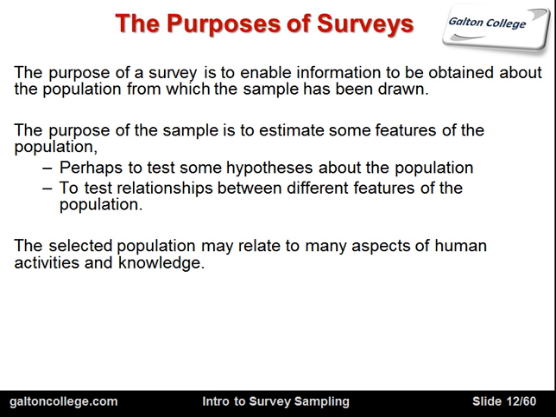The point is, they have some particular aspect about their lives which make them interesting and make them the relevant population. It depends on what we're inquiring into. It depends on the nature of the survey.